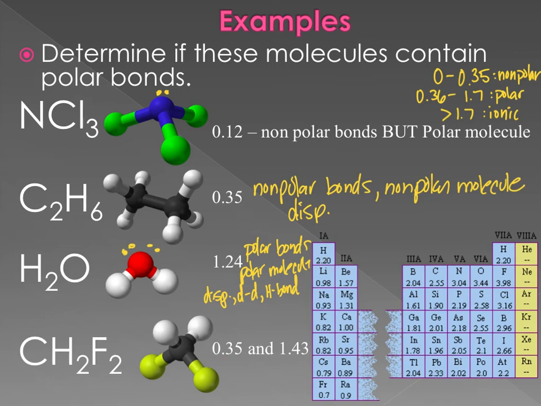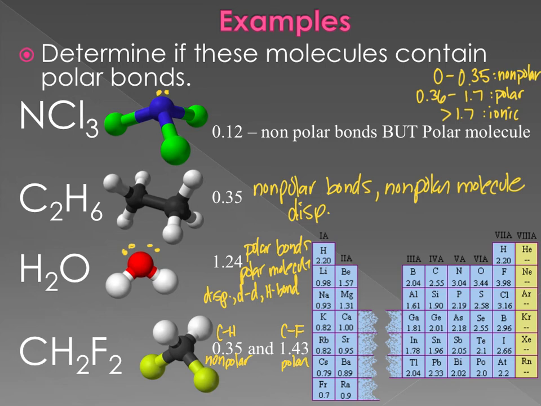So this is going to be a nonpolar bond between the carbon and hydrogen, but the bond between carbon and fluorine falls within that polar range.